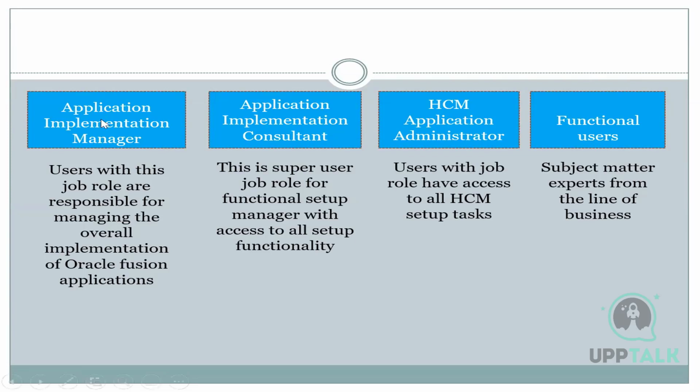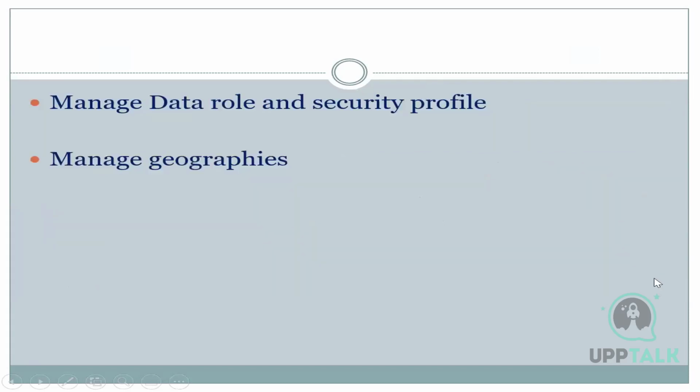Just remember, all these shown in blue are job roles. And you have to configure these things: application implementation manager, application implementation consultant, product data steward, which is not written there, and IT security manager. All these you have to configure when you're working on the application.